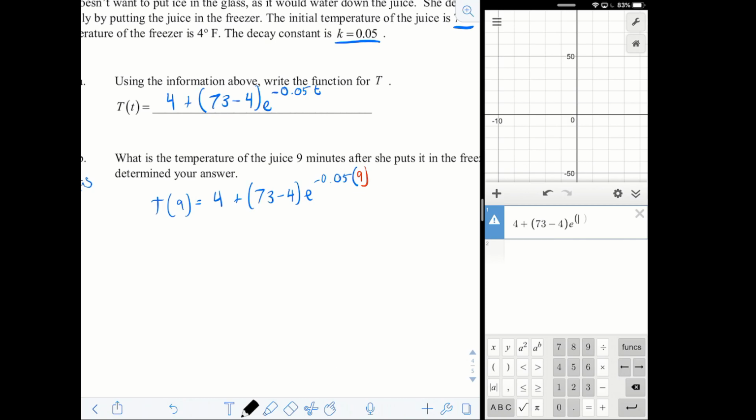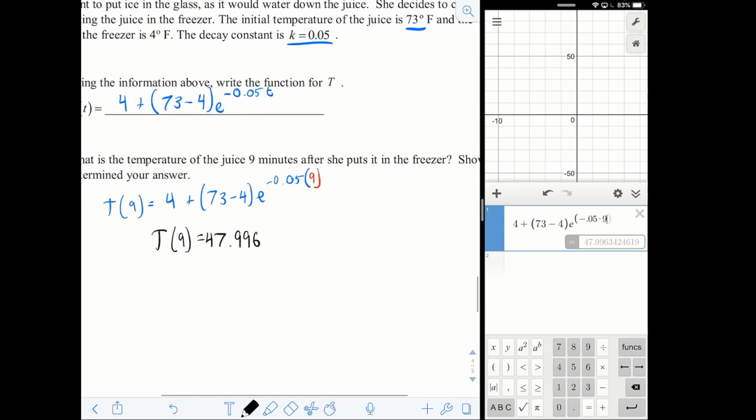And then remember, this is also going to be negative, so I'm going to say negative 0.05 times 9, which ends up giving me T of 9 equals 47.996. Let's round to 3 decimal places, that's fine.